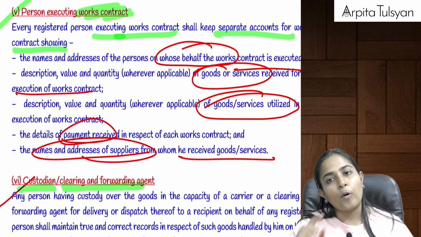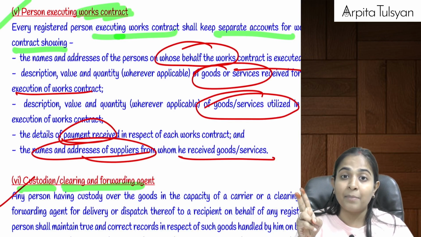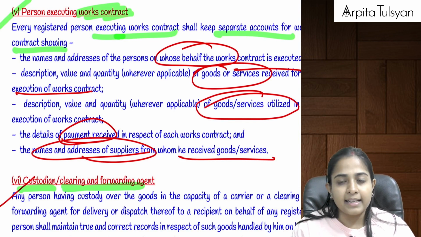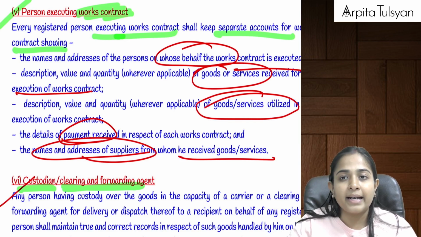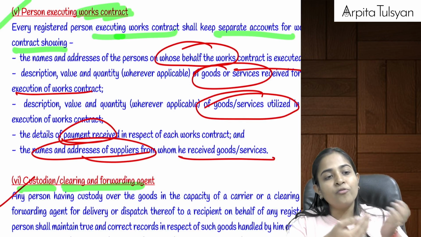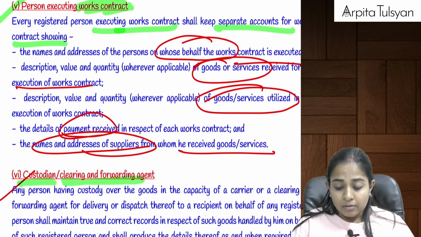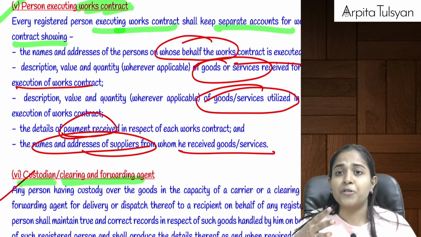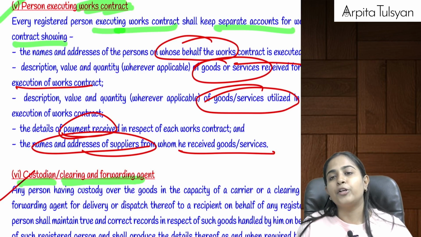Next point, important again, any person who is executing works contract, building, labor plus material, etc. Such a person will first maintain the name and address of the person from whom we have received the contract of doing this works contract. Then description, value, quantity of goods and services received for execution of works contract.